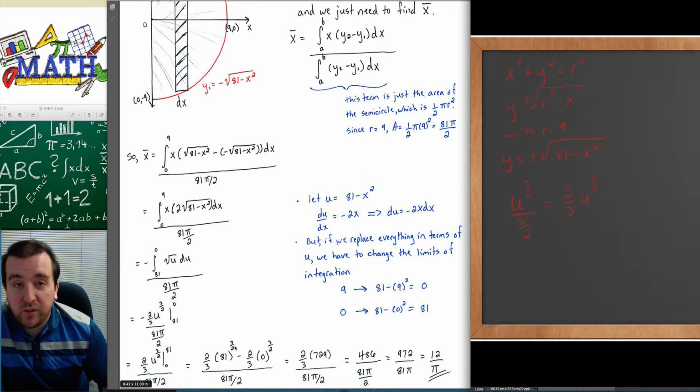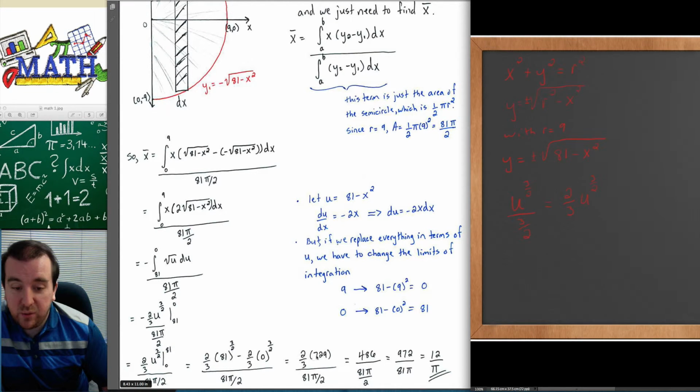So 81 raised to the 3 over 2, well, that's just the square root of 81, which is 9, raised to the power of 3. That's 729, which I've written here, times 2 over 3. Notice again, as always, this term contributes nothing, it's just 0.